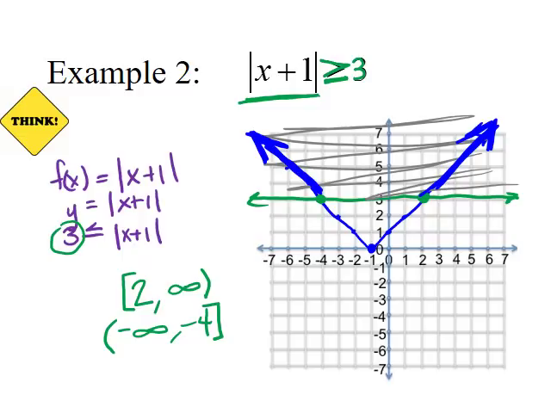Now notice I did negative infinity to negative 4 because we always read left to right on our graphs, very similar to domain and range and increasing and decreasing intervals. On a number line, if you were asked to represent this on a number line, you would have a negative 4, you would have a 2, and I'm going to do a bracket at 2 or a solid dot, you can decide, and I'm going to infinity, and I have a bracket or a solid dot going from negative 4 to negative infinity.